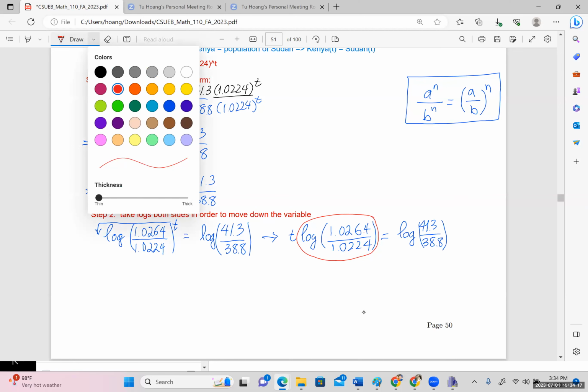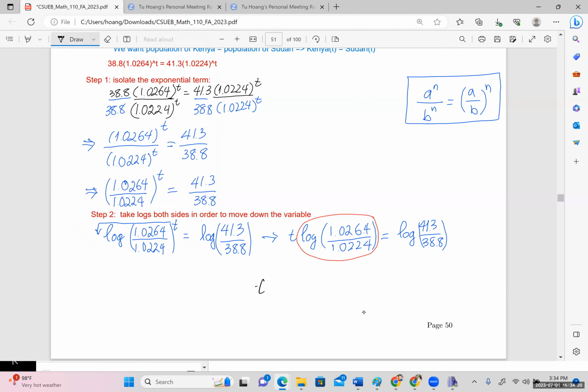So t will be equal to log of 41.3 over 38.8, everything divided by log of 1.0264 divided by 1.0224.